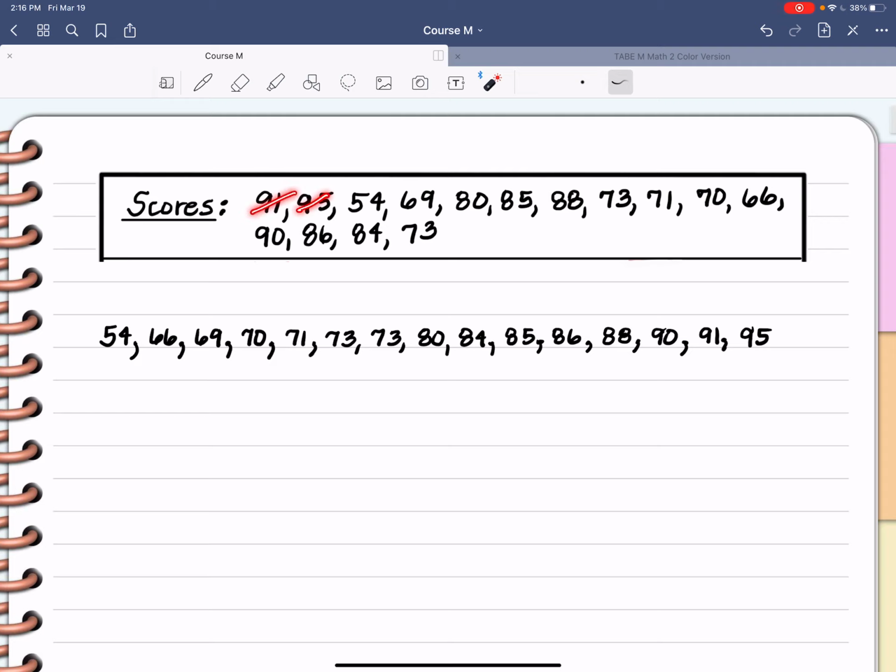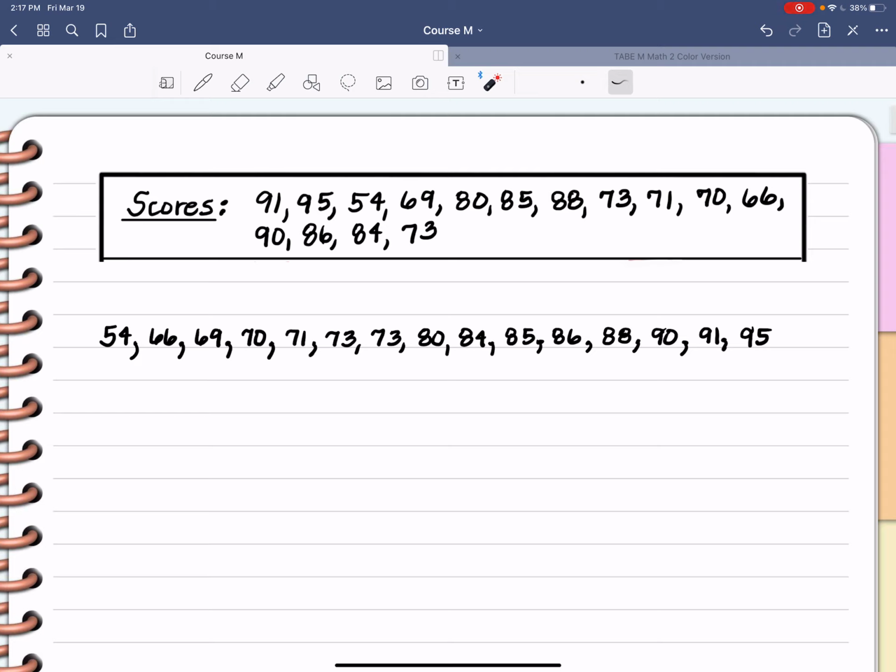So I have a 91, a 95, a 54, a 69, an 80, an 85, an 88, a 73, a 71, a 70, a 66, a 90, an 86, an 84, and another 73. 1, 2, 3, 4, 5, 6, 7, 8, 9, 10, 11, 12, 13, 14, 15. I just miscounted. But you see how important it is to make sure that everyone is accounted for.